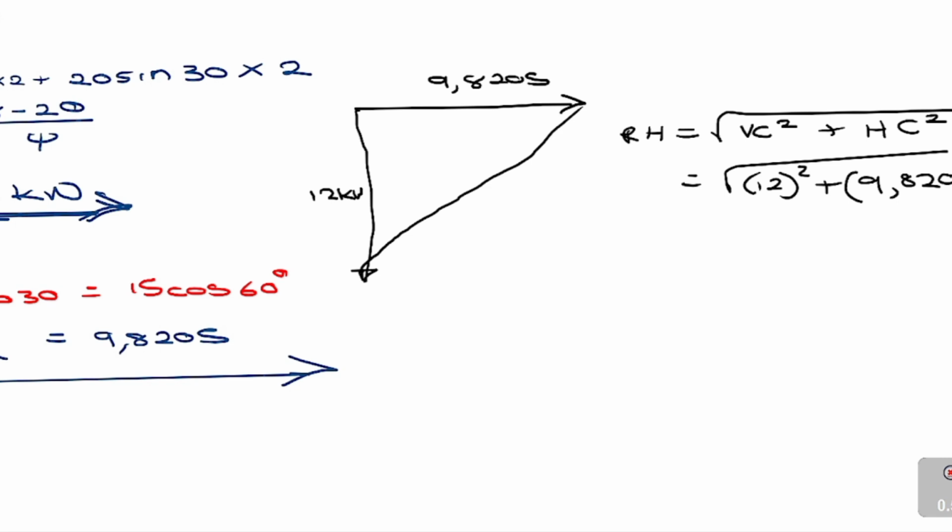What I advise is to put in an answer that is not rounded off. What we get for R hinge is 15.51, or you can even leave it to 3 decimal places. So this is the hypotenuse.